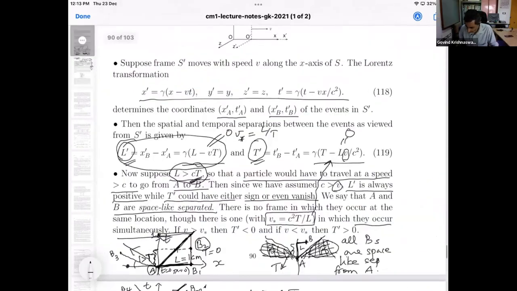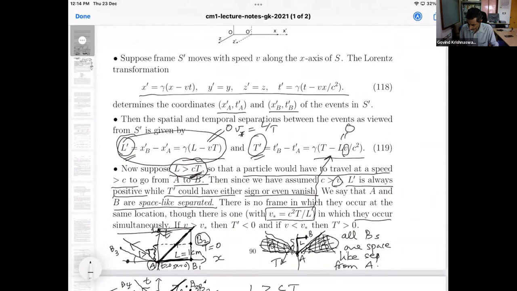Correct. Gamma is infinite. V is equal to C, you are saying. Yeah. So, in a suitable limiting sense, T prime and L prime will both be 0. That's what you're saying. You're saying that gamma has gone to infinity.